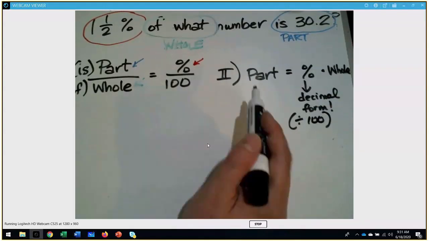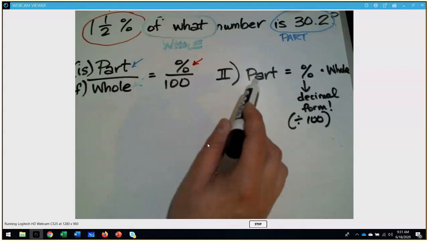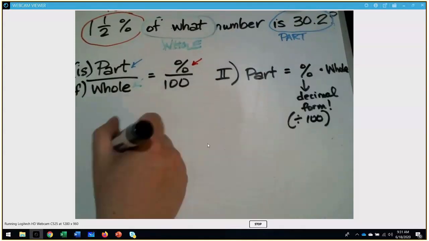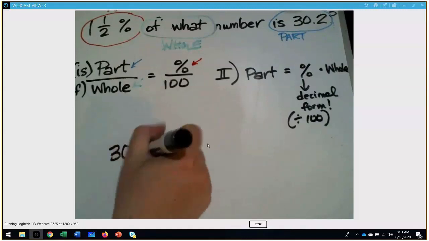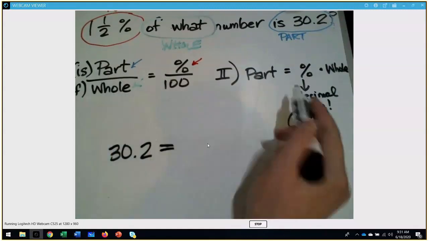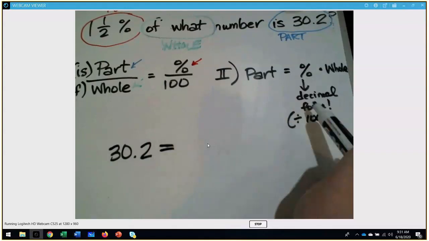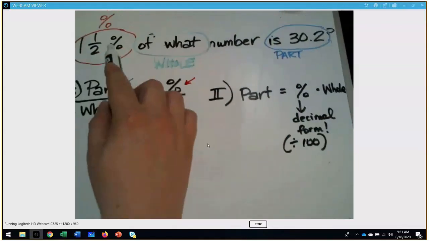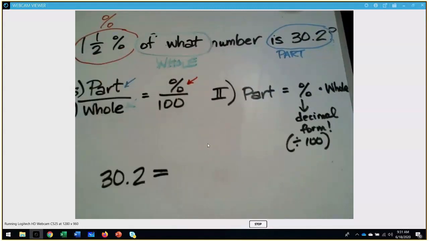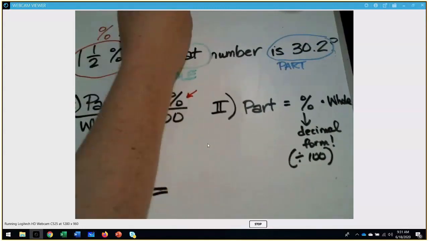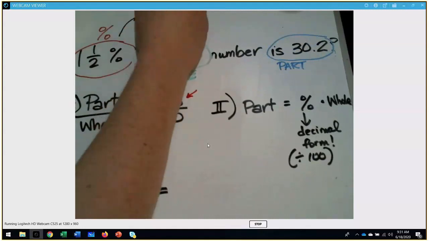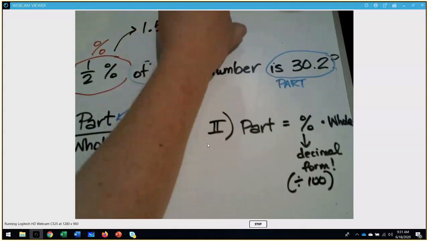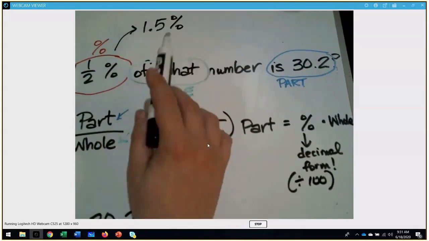So here's what this one looks like. Plug in the part, which is still the 30.2. That doesn't change. Then it's equal to the percent in decimal form. So going all the way back up here, here was our percent. We changed this to 1.5 when we worked with it before.